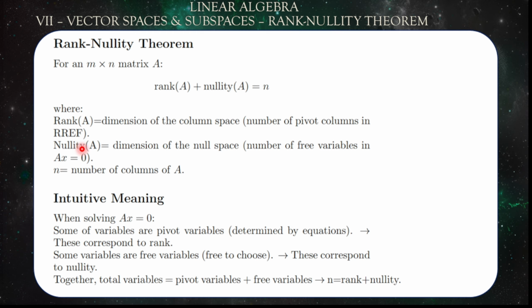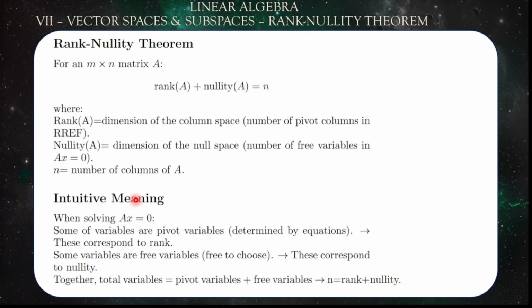Then nullity of A is equal to the dimension of the null space, so the number of free variables in AX equals 0 that we've seen a moment ago. n is the number of columns of A in such case.